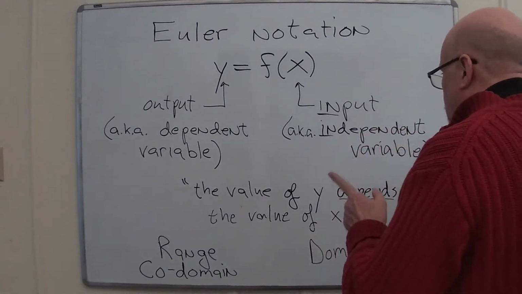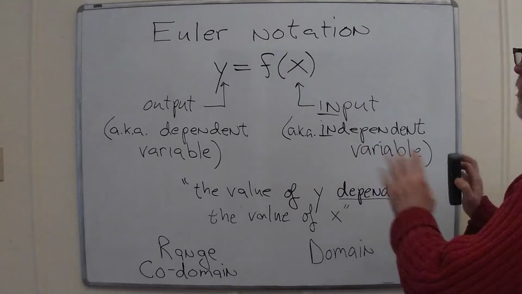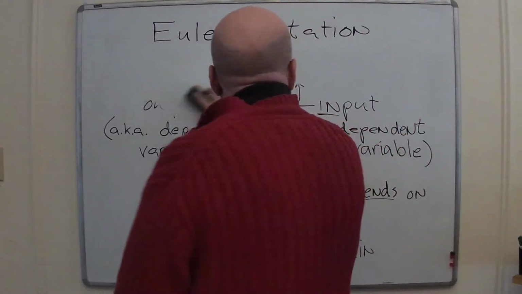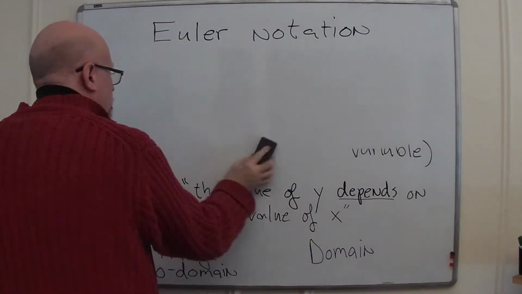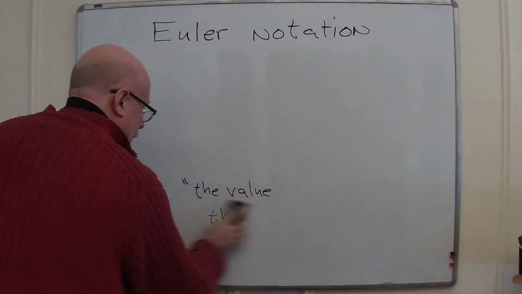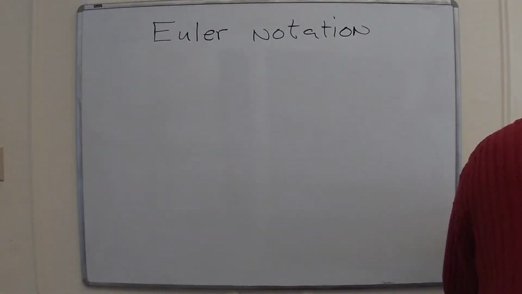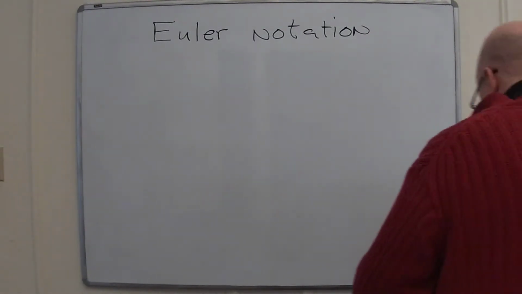All right, there are two other ways to visualize this Euler notation function and its input and output variables. One is what's known as a black box diagram. Engineers use black box diagrams all the time.